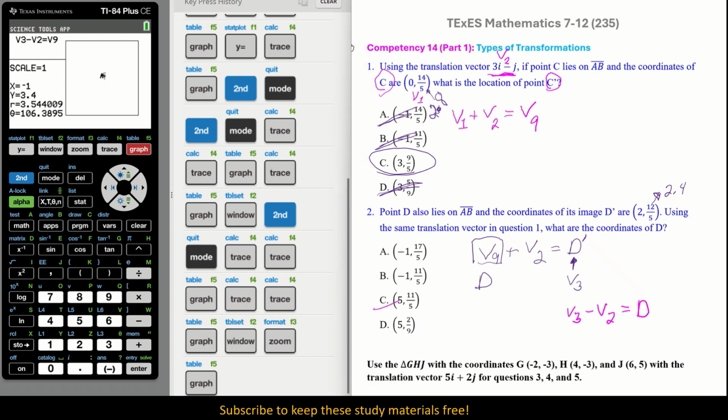Okay, well, I can get rid of C and D. That's great. And which one of these is 3.4? Well, 3 times 5 is 15. And 4 over 5 is, well, it looks like we have A. Because 1 over 5 is 0.2.